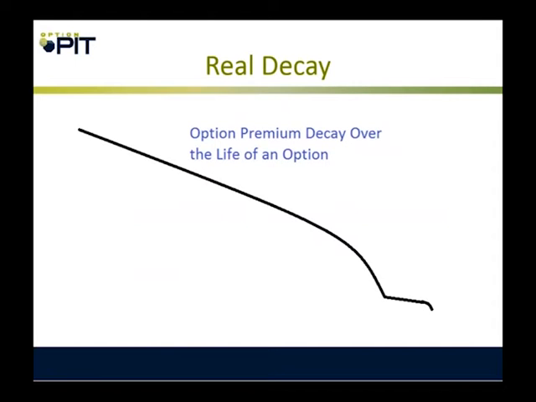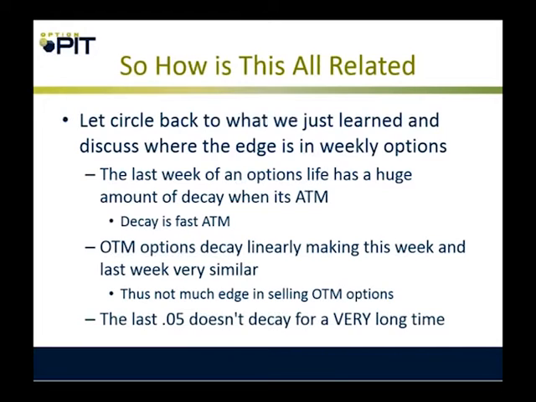Yes, they have exponential decay until they get to a certain point, then they stop decaying. So it begs one to question the risk-reward of certain types of approaches in weekly options. So this is all related.